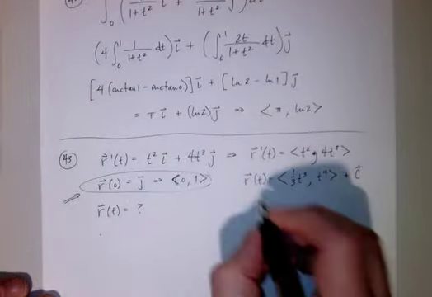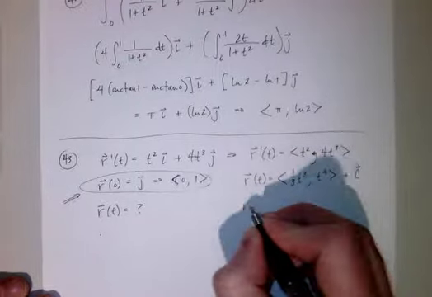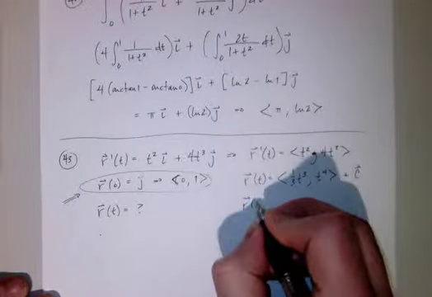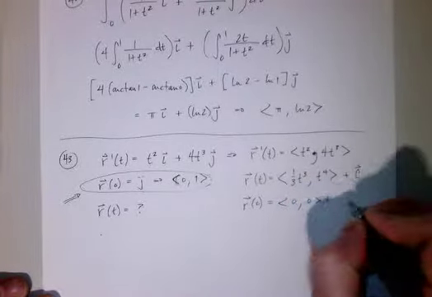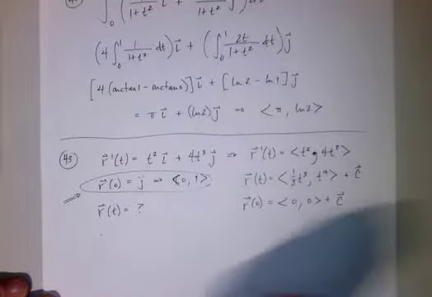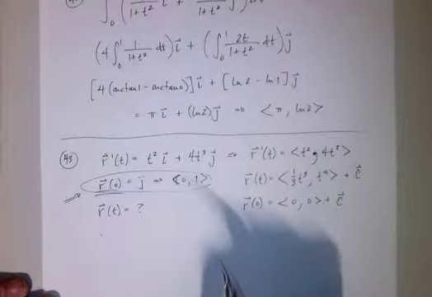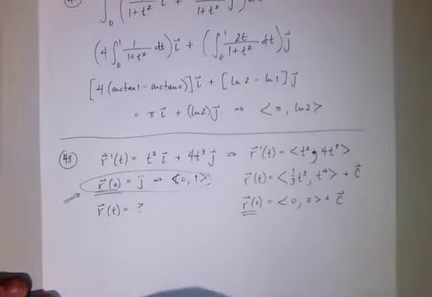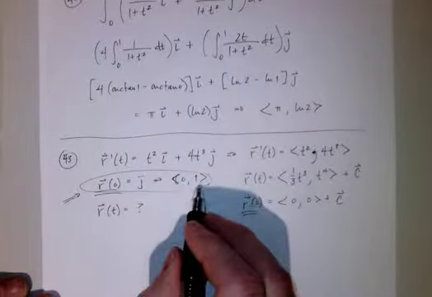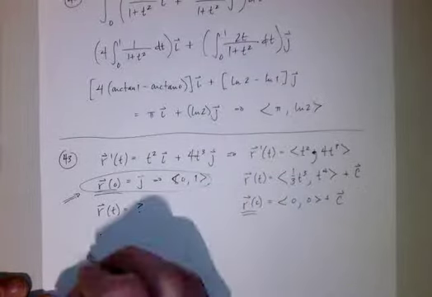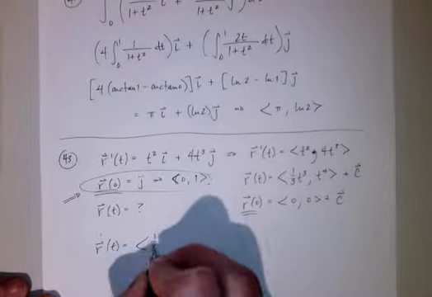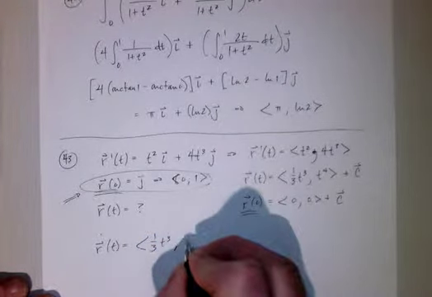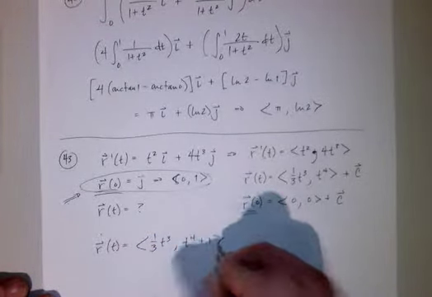If I evaluate r of 0, I wind up with 0, 0 plus c. Well, this r of 0 is the same as this r of 0, so c is obviously 0, 1. And therefore, my r of t is 1/3 t cubed, t to the 4th plus 1.